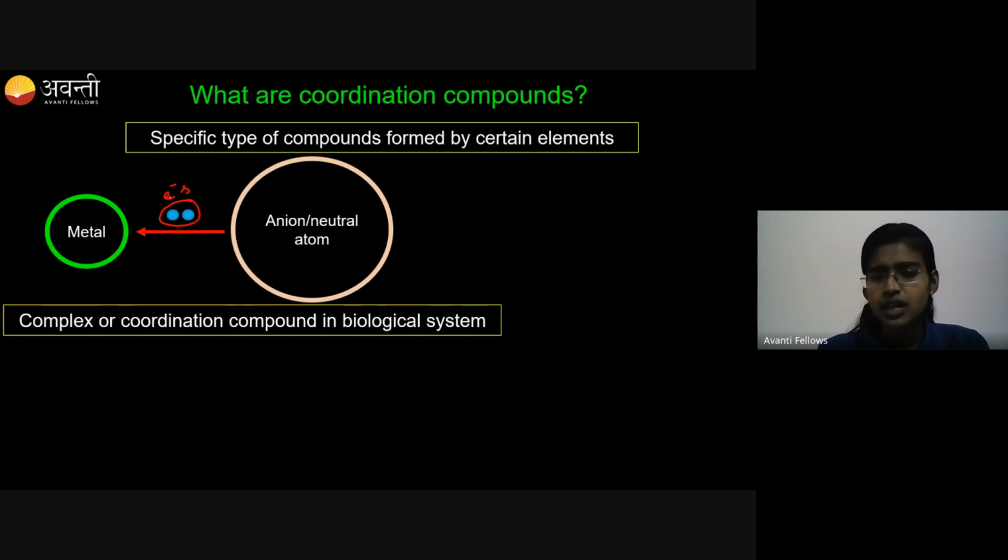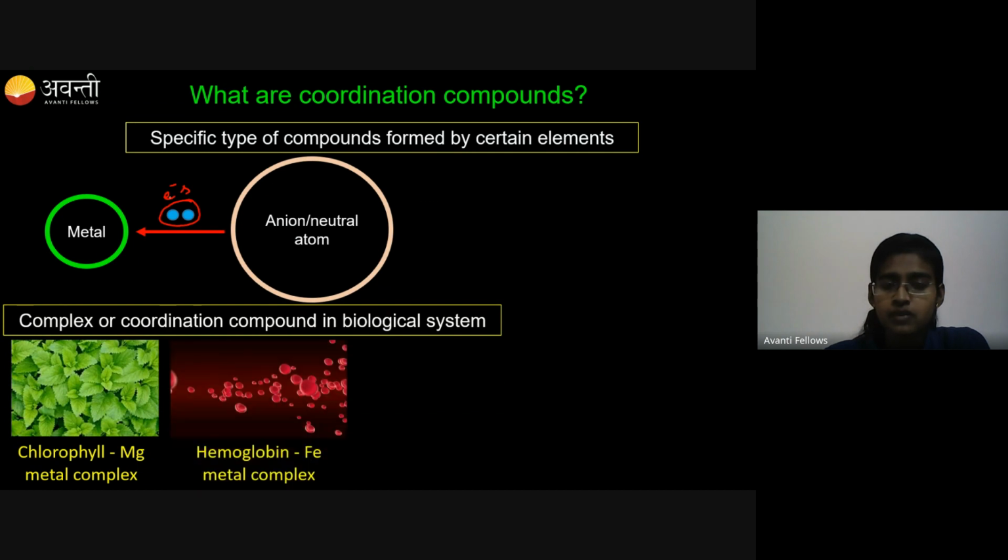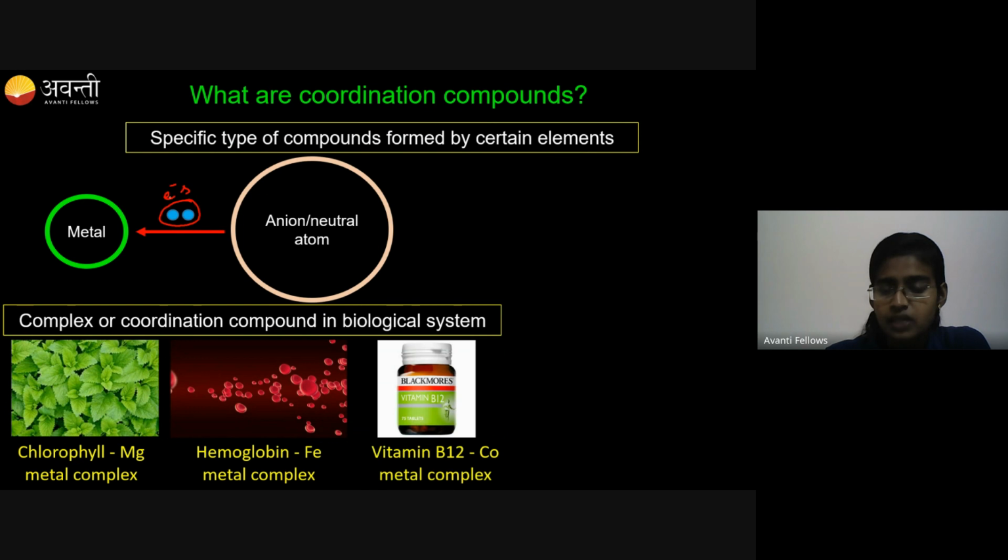And let us see some coordination compounds in biological systems. You all would be aware of this, no? Chlorophyll. It is a coordination compound which has magnesium metal at the center, which is present in plants. And in hemoglobin, you can see the Fe atom, iron atom, at the center of the complex, which forms the iron metal complex. And in vitamin B12, it is a cobalt metal complex.